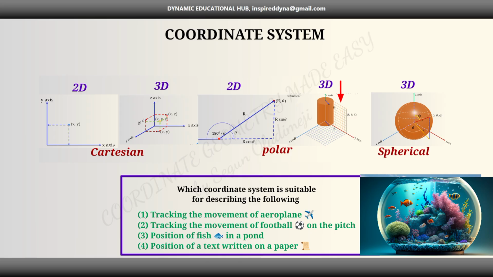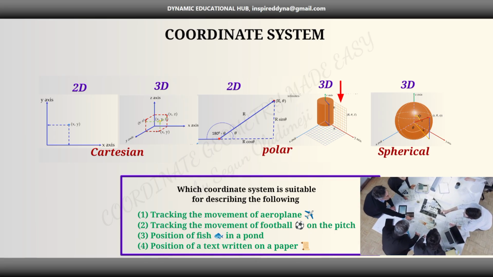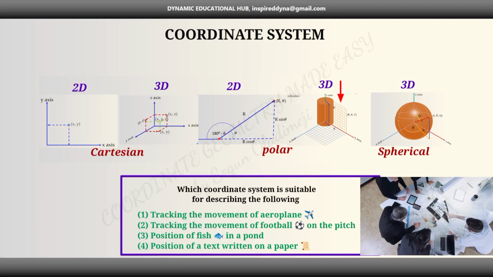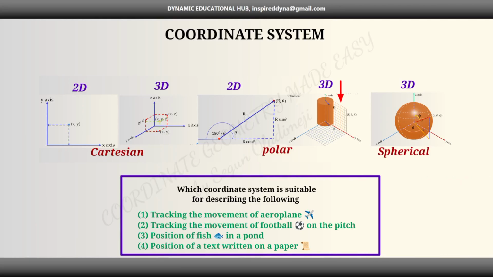The third one, finding the position of a fish in a pond. The fourth one, which is the last, finding the position of text that is written on a paper. If you are the one that wants to adopt a coordinate system for all these cases, which one are you going to adopt out of Cartesian, polar, or spherical coordinate system? 2D or 3D form. Which one are you going to adopt?